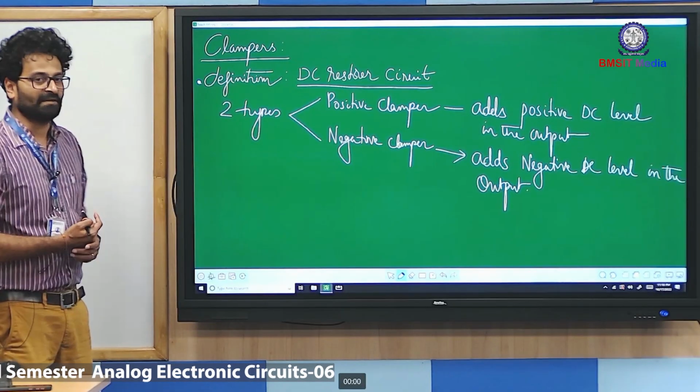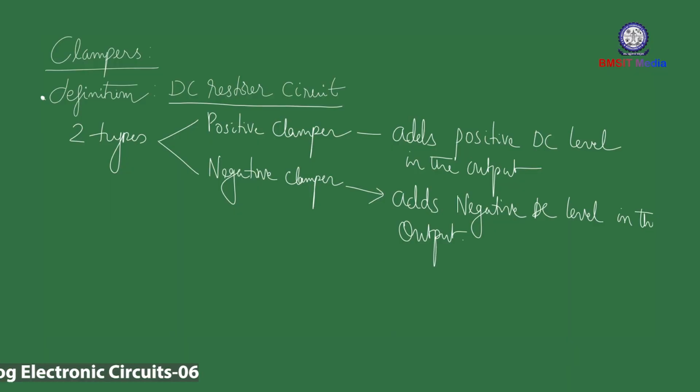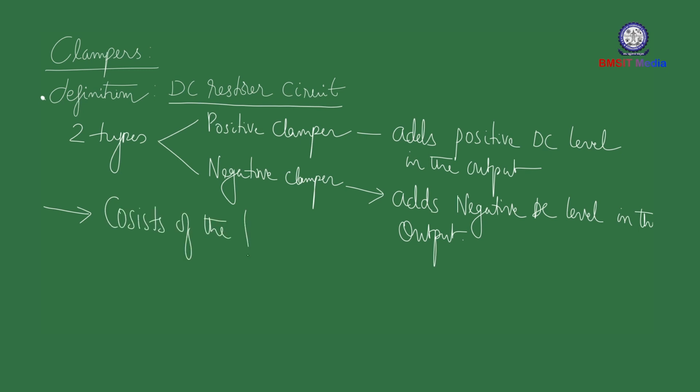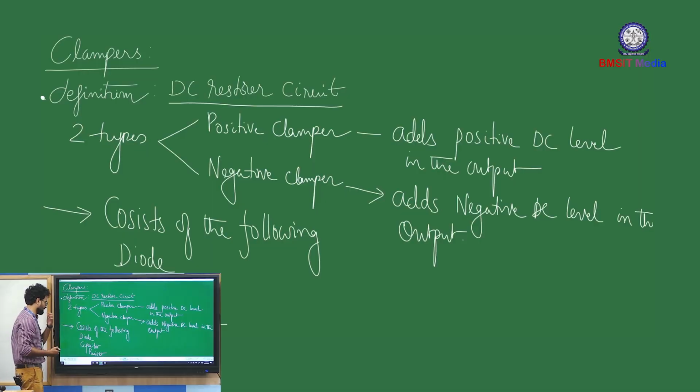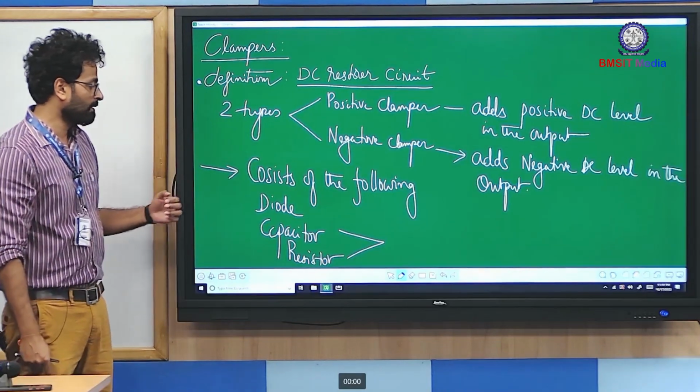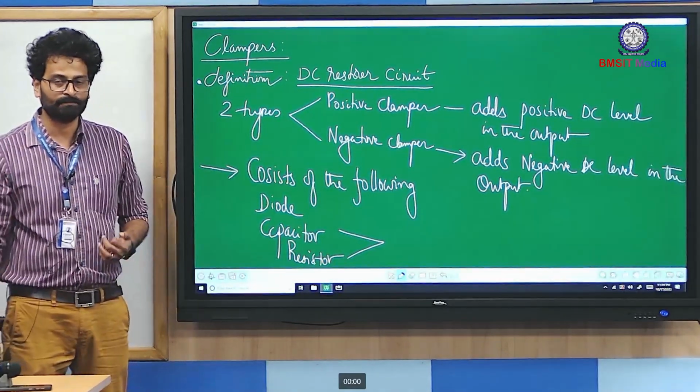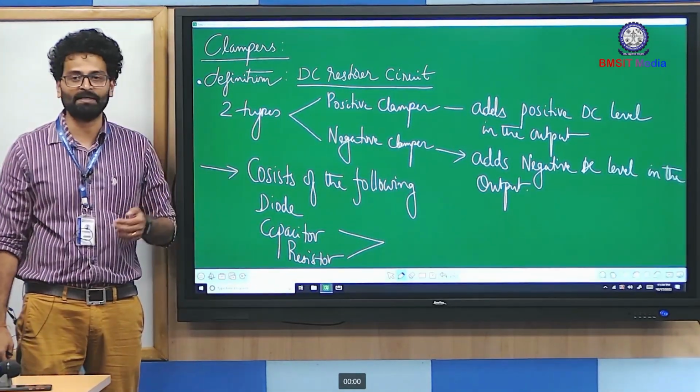So that's the definition. Now, what is it comprising of? A clamper consists of a PN junction diode, a capacitor, and a resistor. So it's a simple circuit comprising three elements: a diode, a capacitor, and a resistor. Now the main task in a clamper circuit is that once the capacitor is charged, we should not allow the capacitor to discharge.